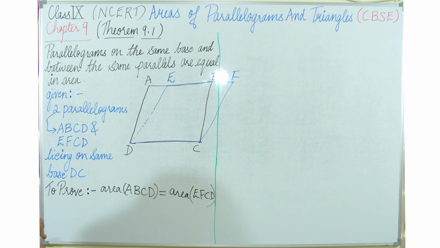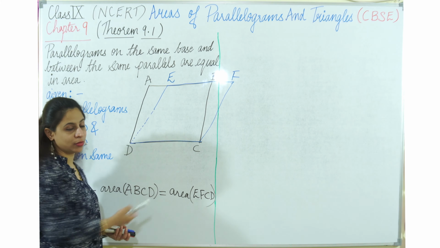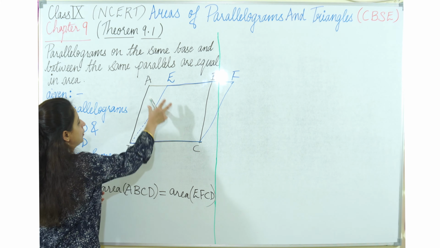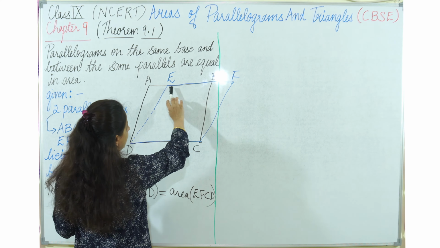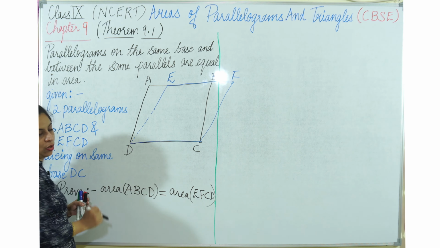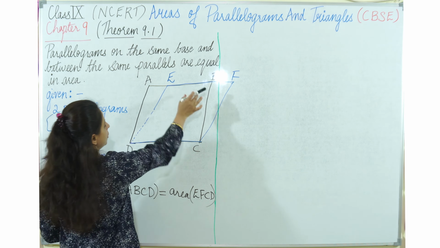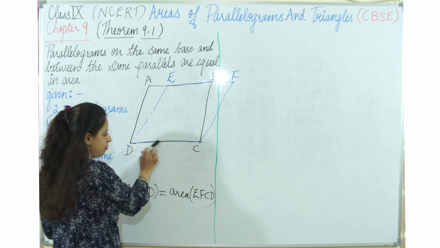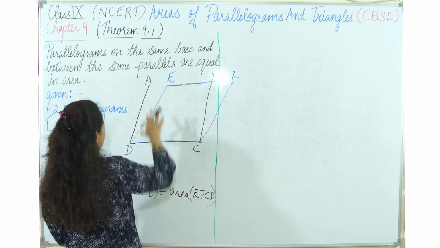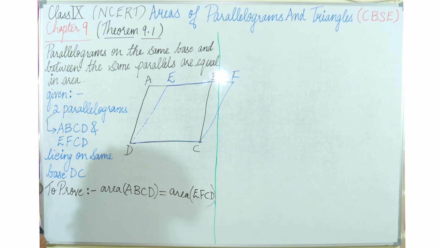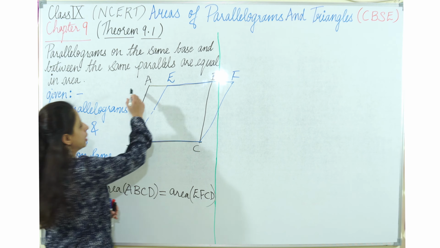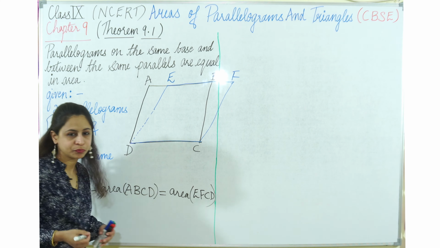Okay, so this is our theorem and we need to prove that the area of ABCD is equal to the area of EFCD. Both the parallelograms are lying on the same base which is DC and they are between the same parallels AB, or we can say AF, and DC.